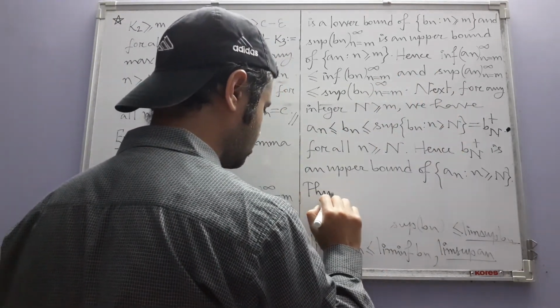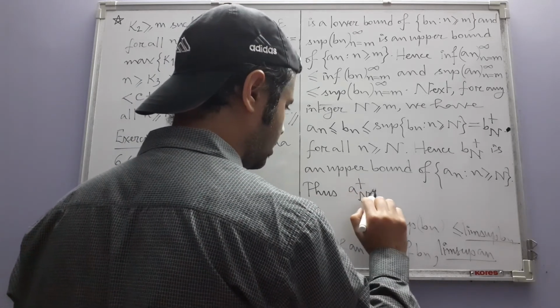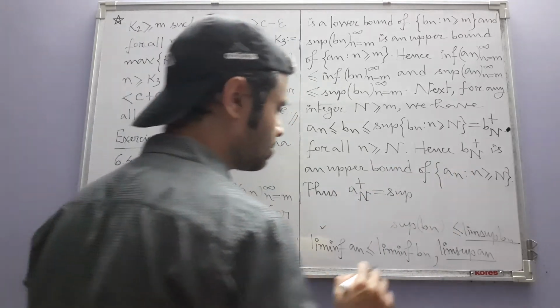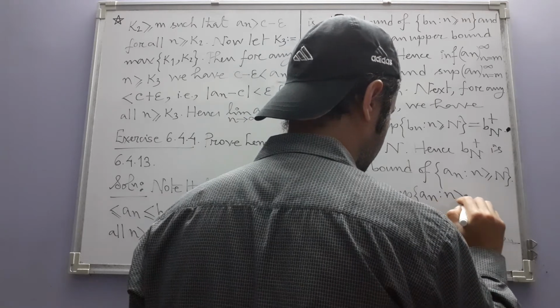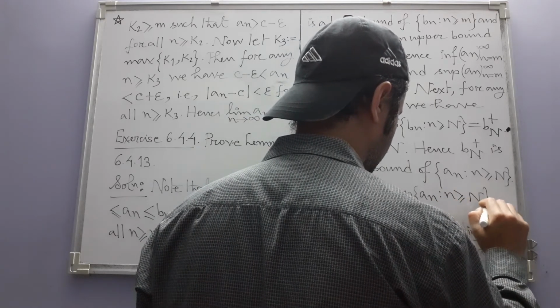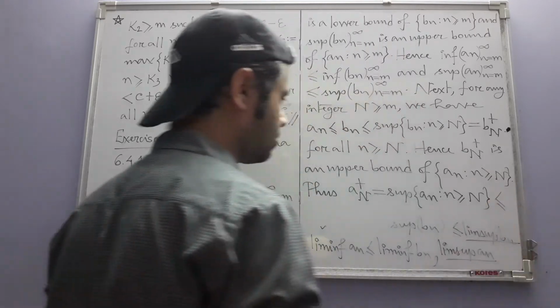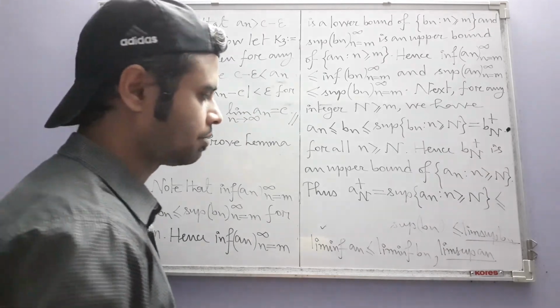Thus, what is a capital N plus? It is the supremum of this set, which is the least upper bound. And this least upper bound is less than or equal to this one, which is some upper bound.